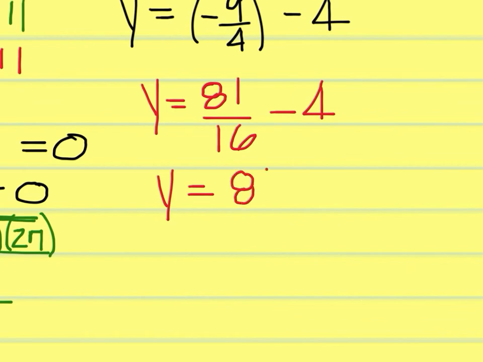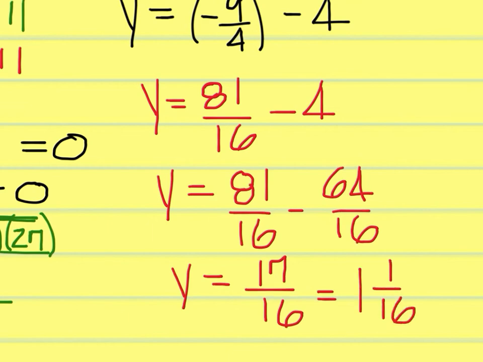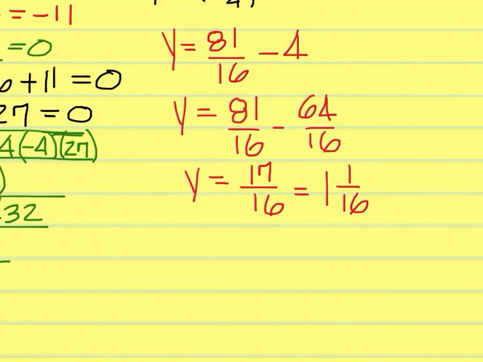So 81 over 16 minus 64 over 16 turns out to be 17 over 16. This reduces down to 1 and 1/16. So I put in a negative 9/4, which is the same thing as a negative 2 and 1/4, and I came back with 1 and 1/16.